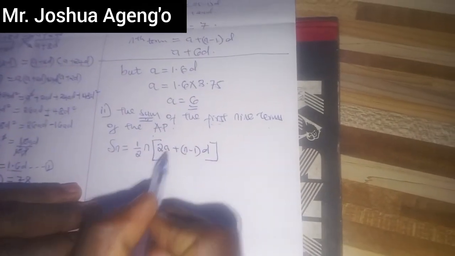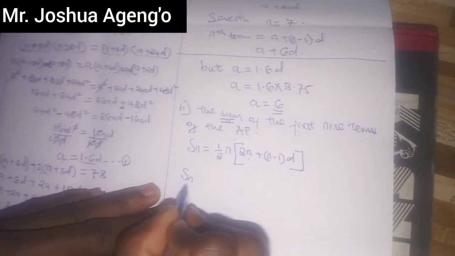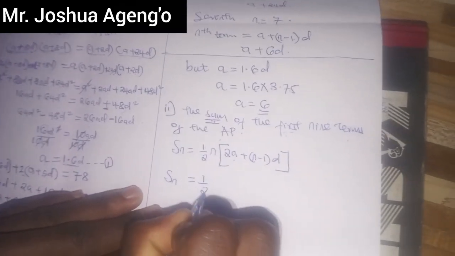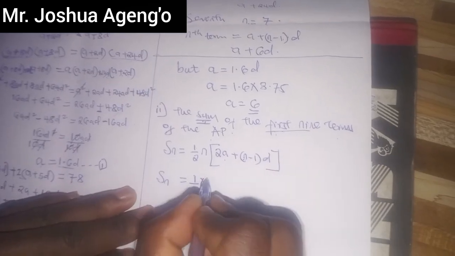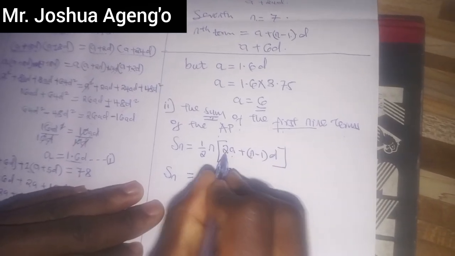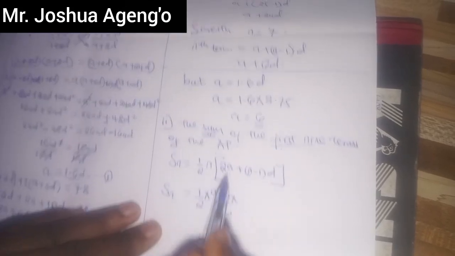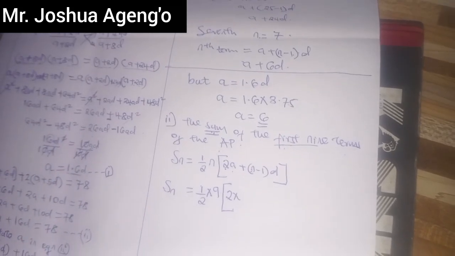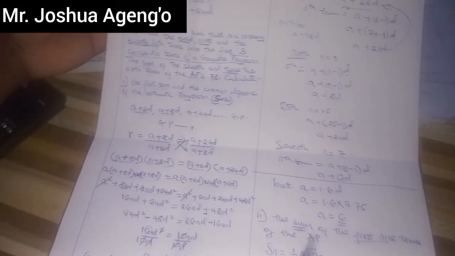So here they want the sum of the first 9 terms, meaning that n is 9. So I'll have sum denoted by Sn is equal to half times n. Remember that n is the number of terms. Number of terms here is 9 into 2a. That is 2 times the first term. The first term of the AP, which is a, we've gotten 6.